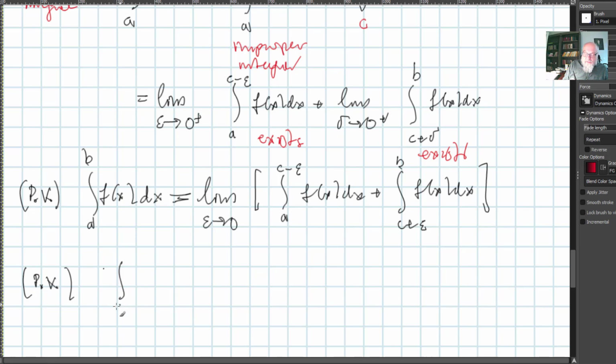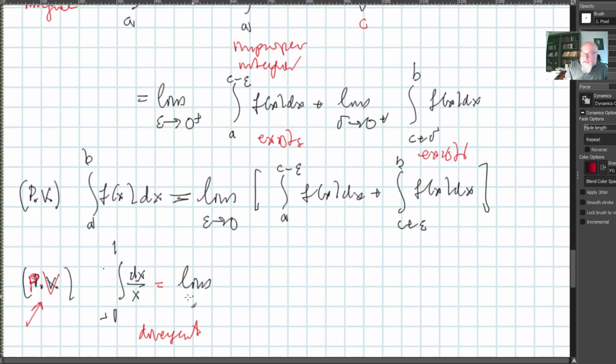Compute the integral from minus 1 to 1 of dx over x. We know that this improper integral is divergent. But I'm computing the principal value here, so let me do it according to my definition.